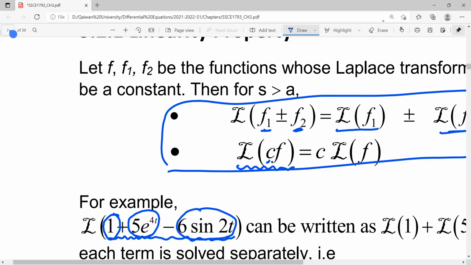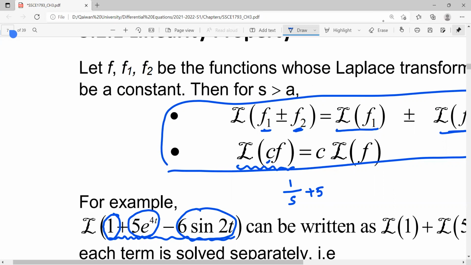The Laplace transform of 1 is 1 over s. We say the Laplace transform of a constant is the constant divided by s. And the Laplace transform of e to the power 4t here, plus 5. We can write down first the constant, then e to the power 4t.